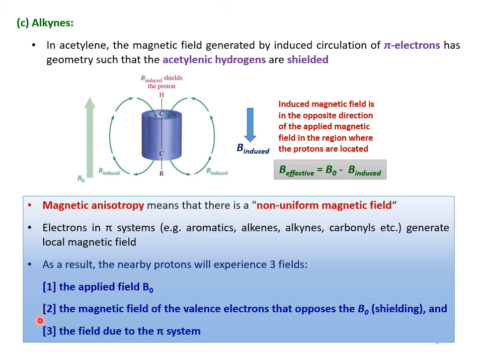However, if there are pi electrons, the proton can experience three magnetic fields. One is from the external magnetic field, another is the shielding magnetic field induced by the sigma electrons, and the third one is due to the pi system.